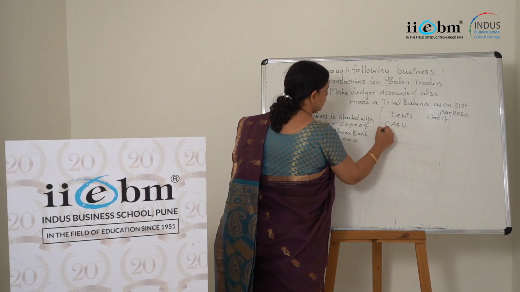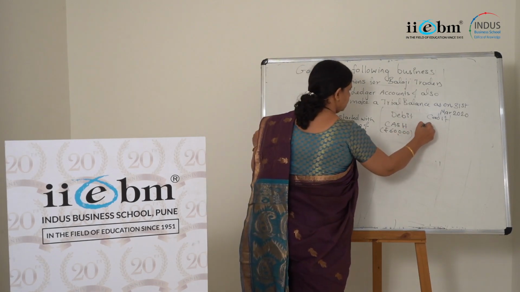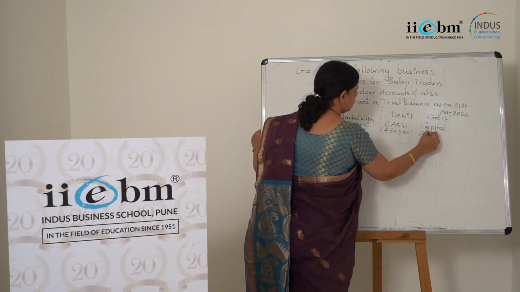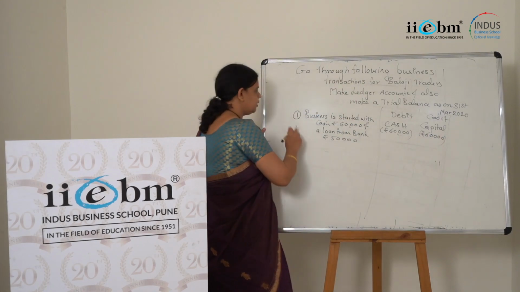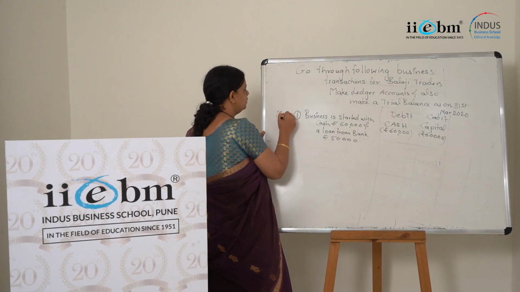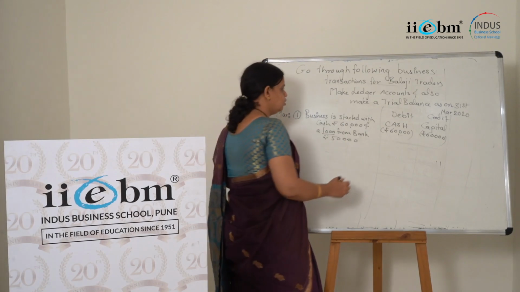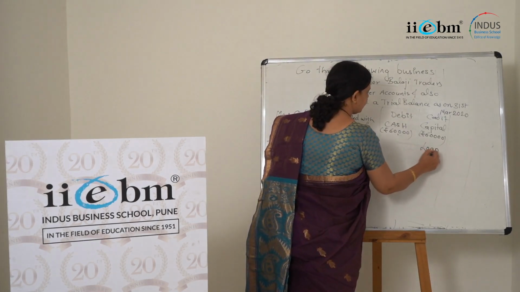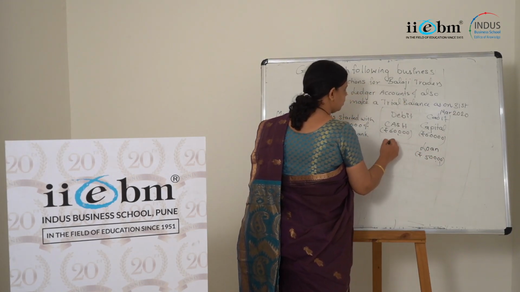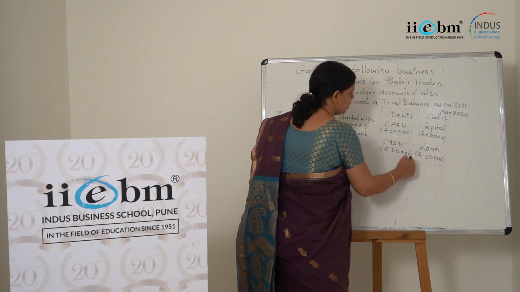So cash I'll record as 60,000. Who is the giver of this cash? Proprietor. And what is the amount? 60,000. On the same date, suppose this transaction is happening on March 1, then on the same date one more transaction is appearing. What is that? Loan is taken. So I'll write down here loan, rupees 50,000, and again what I am getting is cash. What is that? Rupees 50,000.